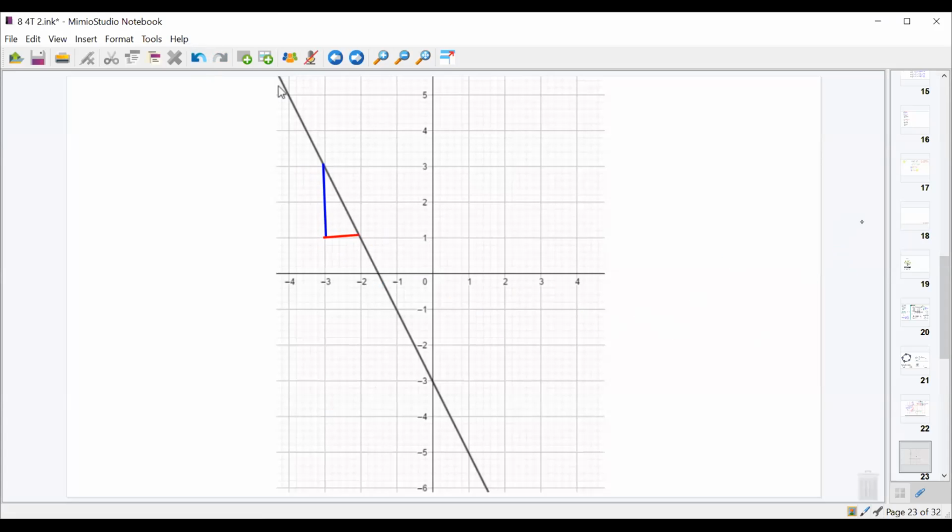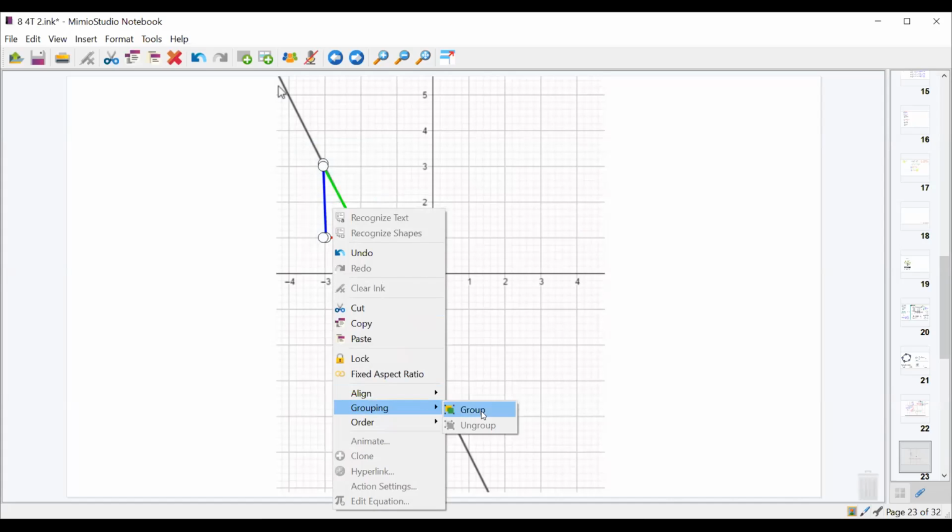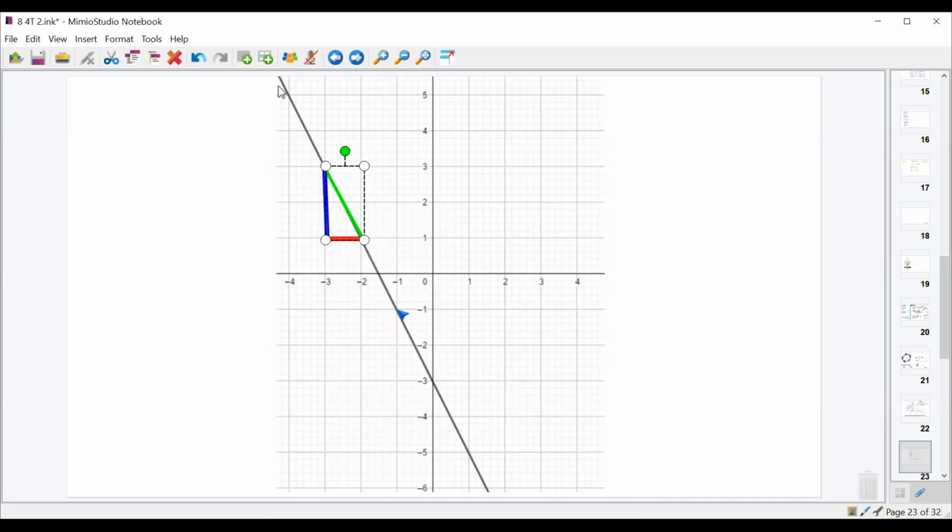And then I am going to make this little line over here. Everyone can see the full colored triangle? Okay. Let's move that triangle over here.